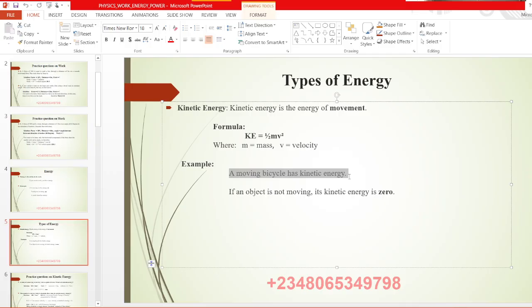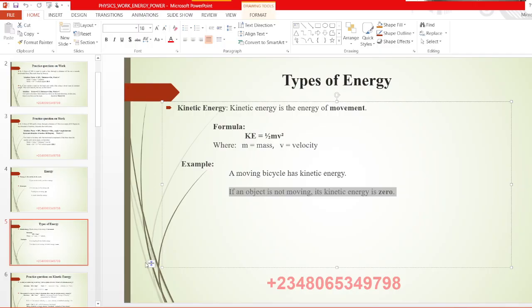If an object is not moving, its kinetic energy is 0. So if you see a question where the object is not moving and you are asked for the kinetic energy, it is 0.